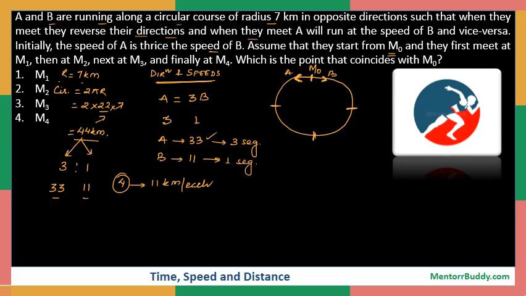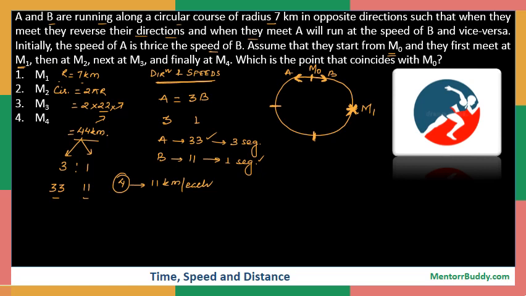So when A travels from the left hand side, it will cover 1, 2 and 3 segments, and B traveling from the right hand side covers only one segment, so they meet at this point for the first time, and this can be termed as M1 as given in the question.